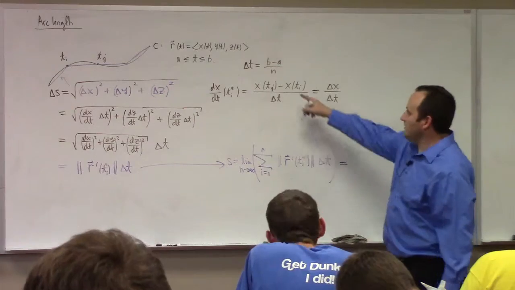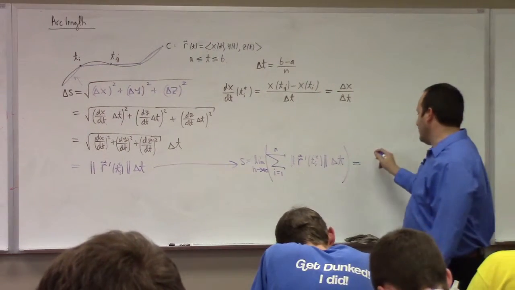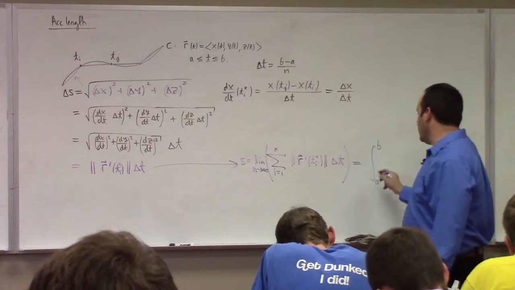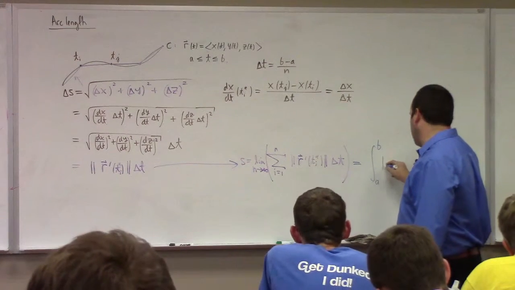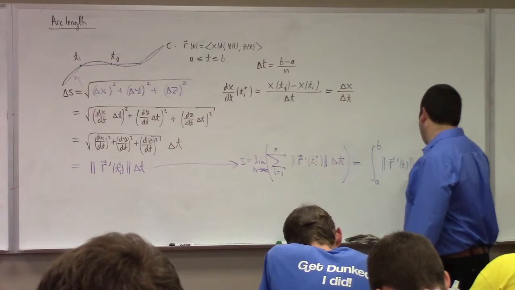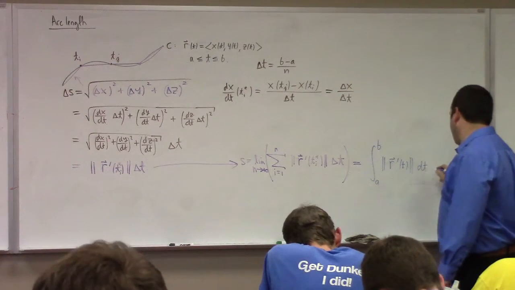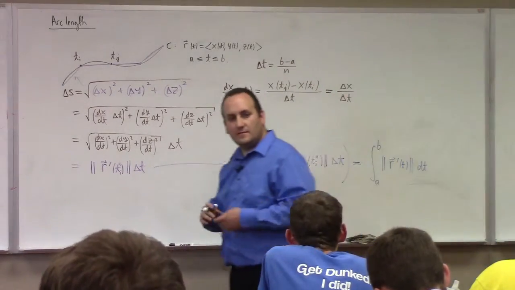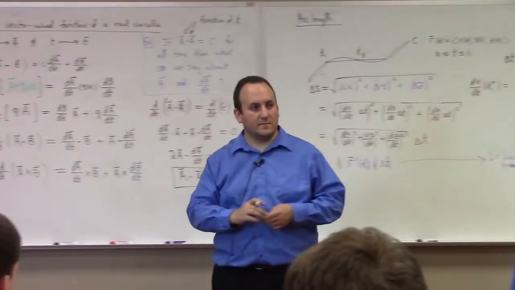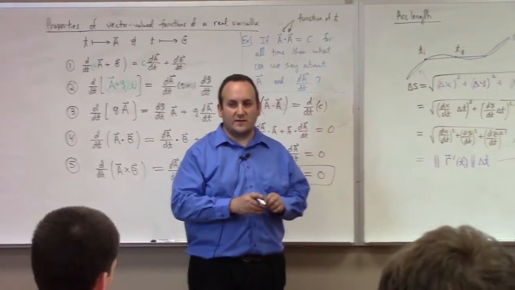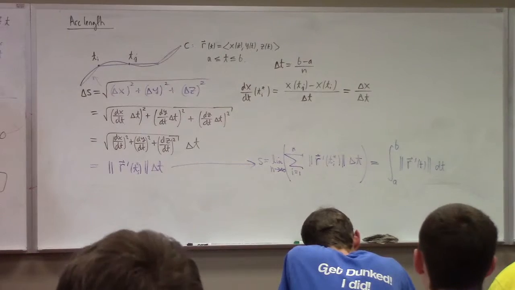Well, if you look at the setup, that's exactly the integral from a to b, by the definition of the Riemann integral, of the length, the magnitude of r prime of t, dt. This is the total arc length of the curve that I gave you. So to get arc length, we just integrate the magnitude of the velocity over the appropriate time domain, and there you have it.